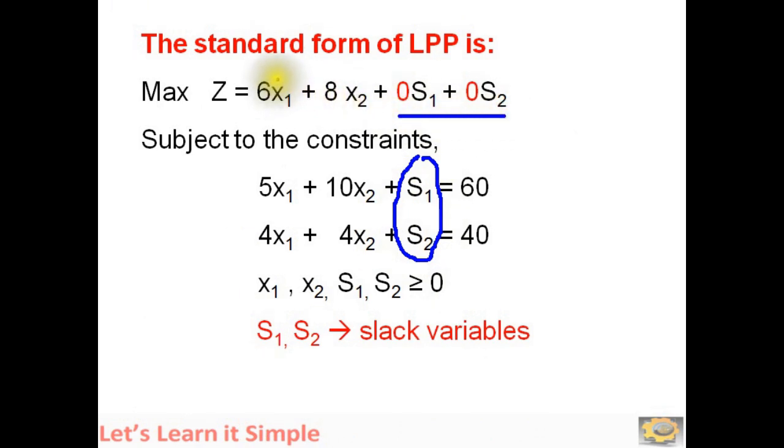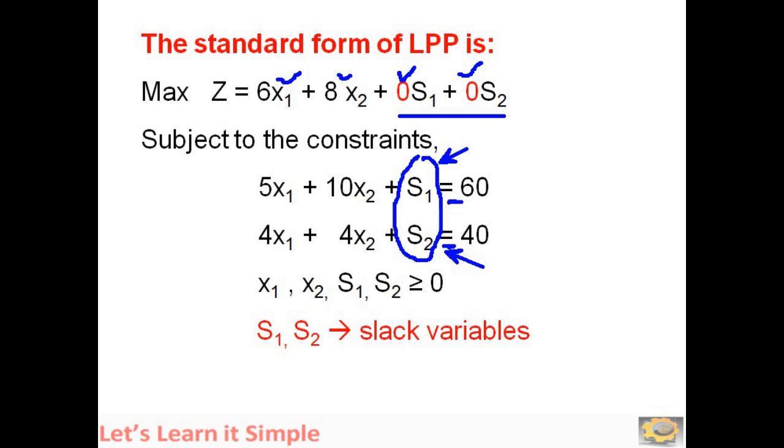The original objective function depends on x1, x2. Artificially, or externally, I have added s1, s2 so that it is in equality form. Since we have added them externally, they should be represented with the coefficient as 0. This coefficient is very important because these coefficients of s1, s2 are given as 0, which means even if we get some values for S1, S2, that will not affect the objective function.